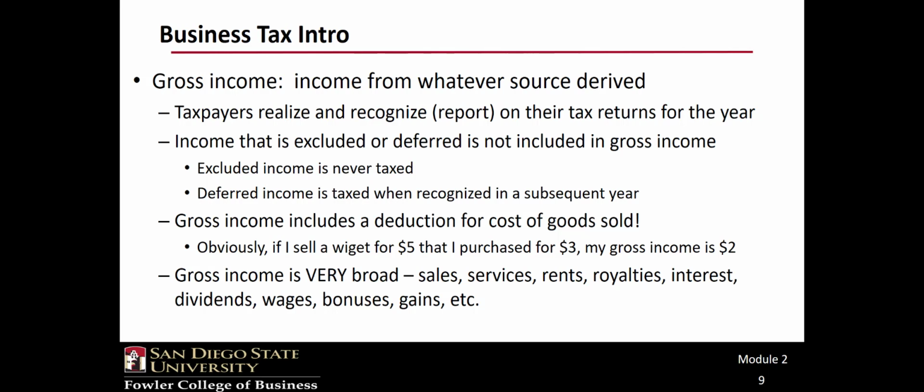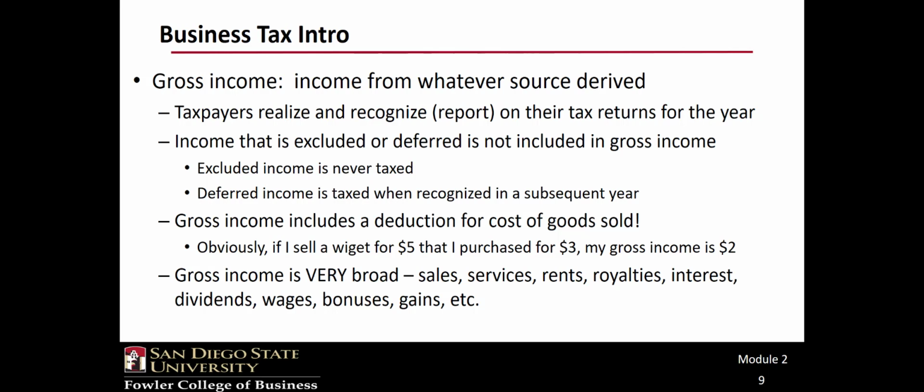Excluded means the income will never be taxed, while deferred, of course, means that the income will be taxed at some future event. As an example, state and local bond interest is excluded, whereas income earned on a qualified retirement plan is deferred until a distribution is made.